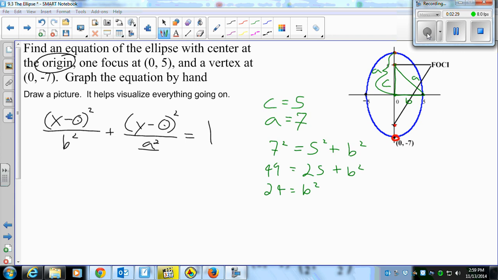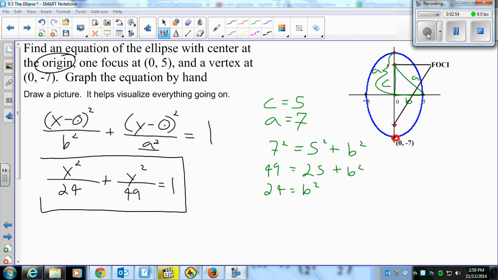So I go ahead and clean up this equation a little bit, and I get x² over b². Well, I already know what b² is, I don't need to know what b is. I put 24 there, plus y² over a², 7. So 7² is 49. That equals 1. So I found the equation of my ellipse.